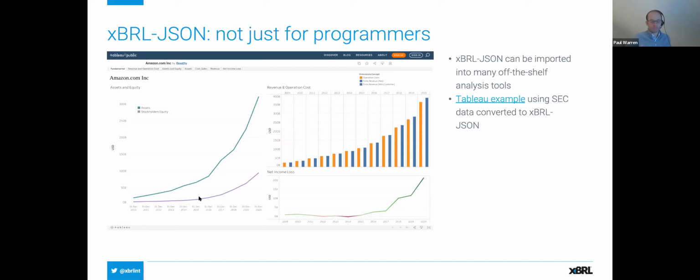No XBRL-specific software is needed to create these kinds of metrics. So that's xBRL-JSON. As I say, we think it has a very important role to play in making XBRL data more accessible. So let's now have a look at xBRL-CSV.